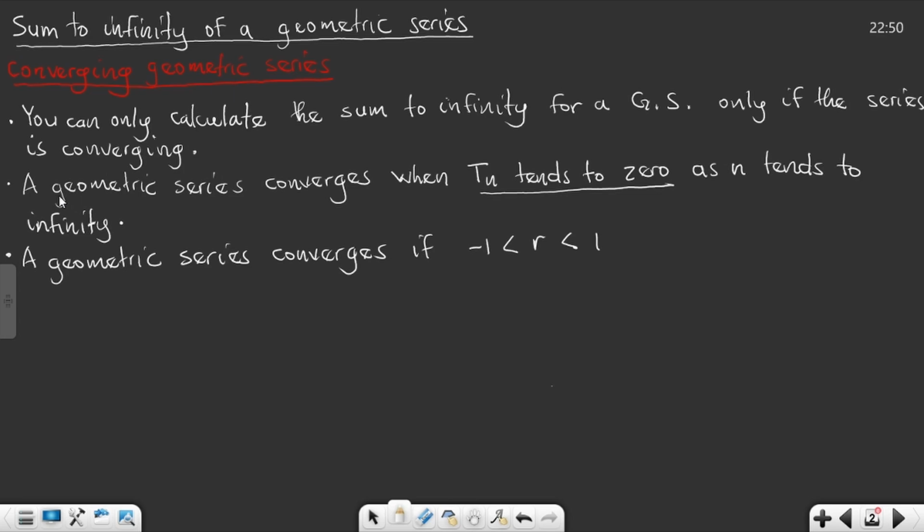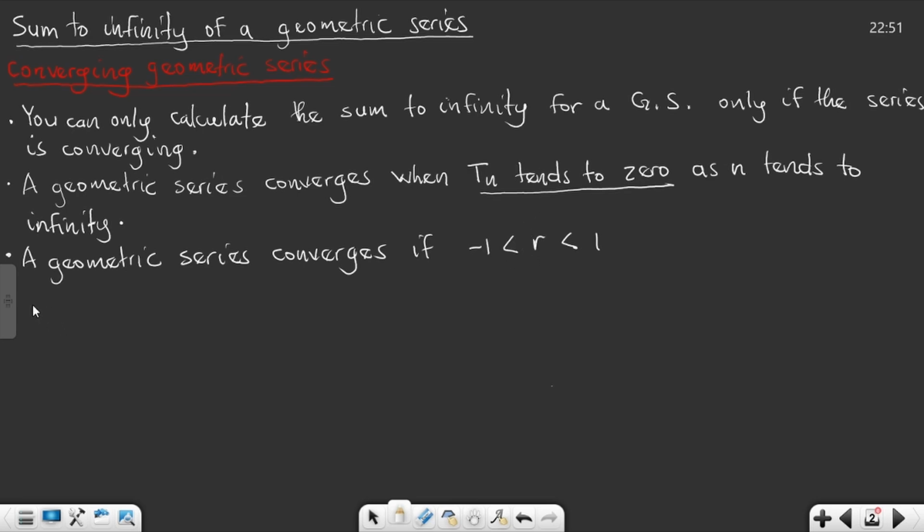We also said that a geometric series converges when Tn tends to 0 as n tends to infinity. And we also said that a geometric series converges if the value of r is between -1 and 1, that is r less than 1 and r greater than -1.